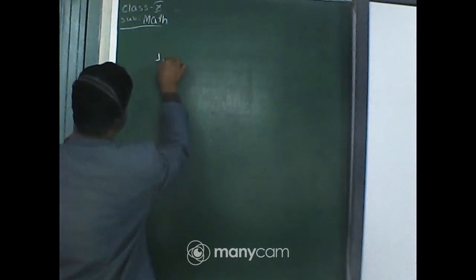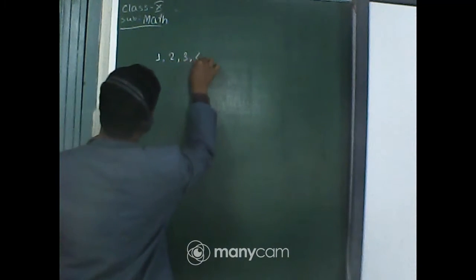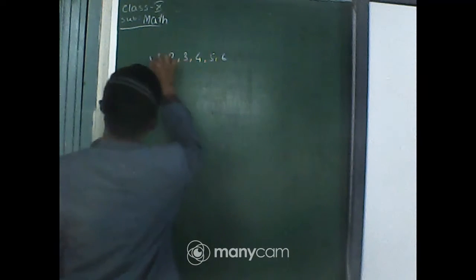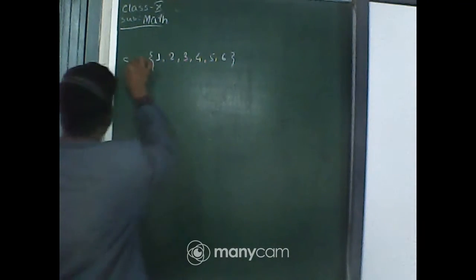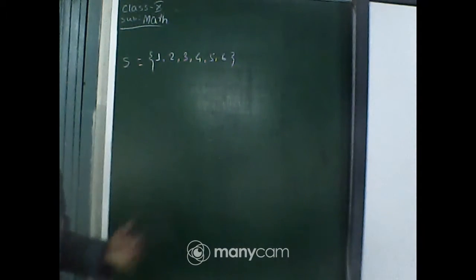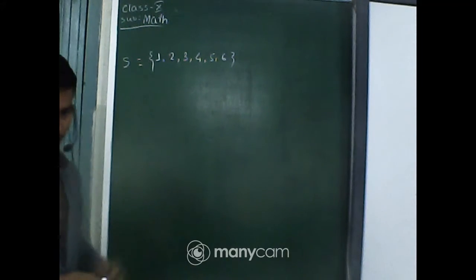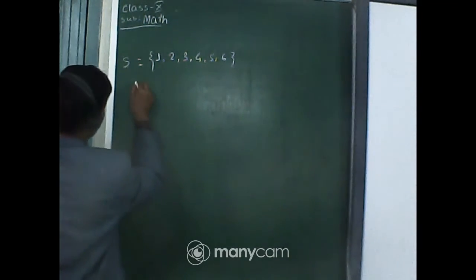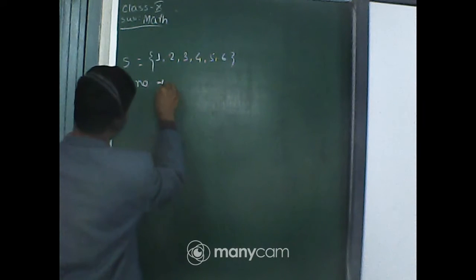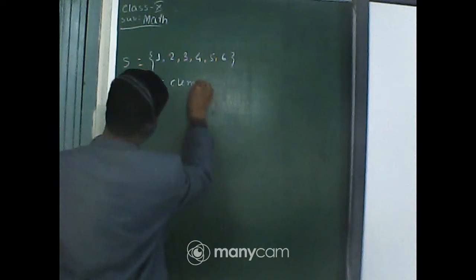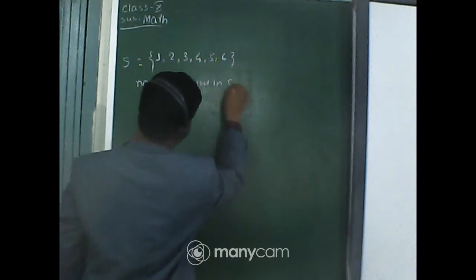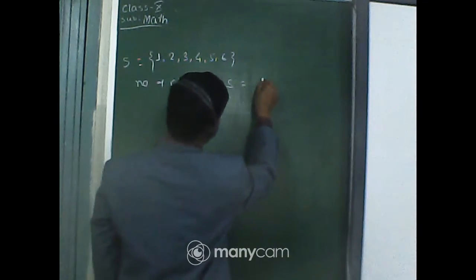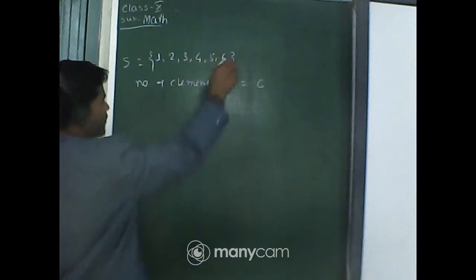What are the possible outcomes, the sample space, in case of throwing a die? We know that it is 1, 2, 3, 4, 5 and 6. So the total number of elements in the set is equal to 6.